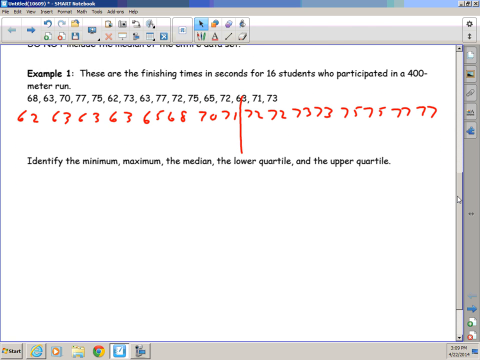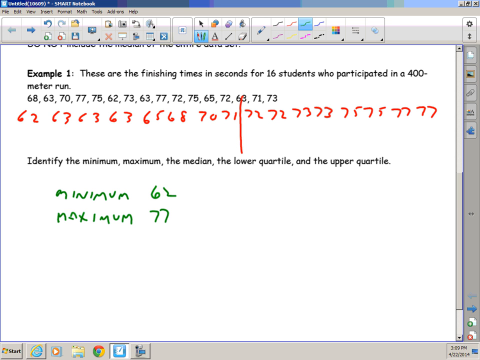So, obviously, once we've put them into ascending order, the minimum is right there. It's 62. And the maximum is 77. Since we have an even number, the median is half of the 2 middle numbers. So my median is 71.5.